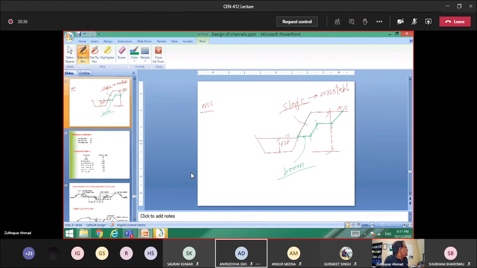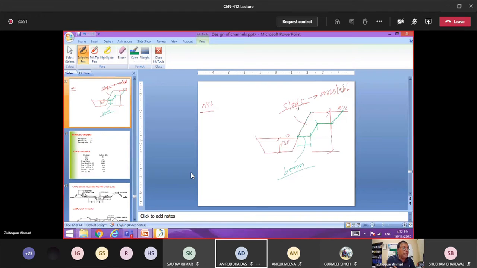The reason behind that is, in this case, you have provided the berms. Now, what should be the width of this berm? We'll discuss that part, because it depends on where the water level is.